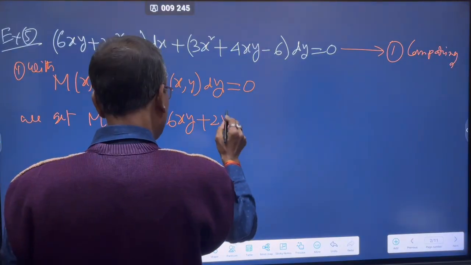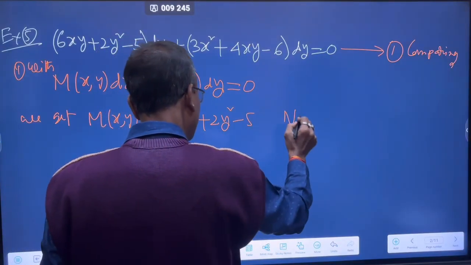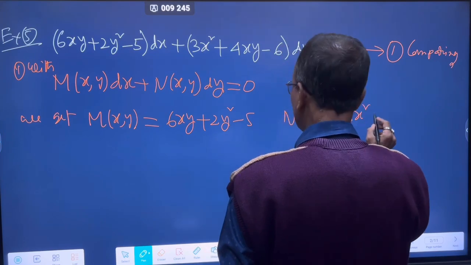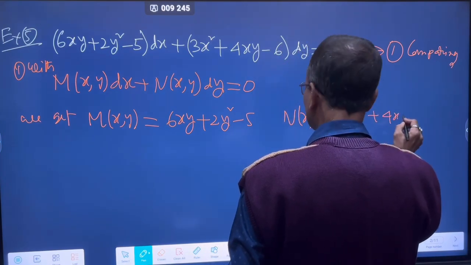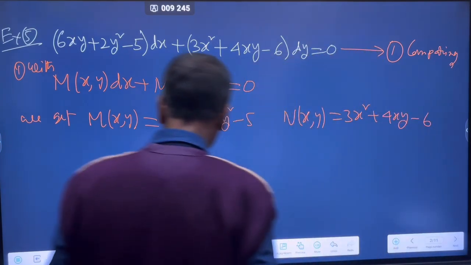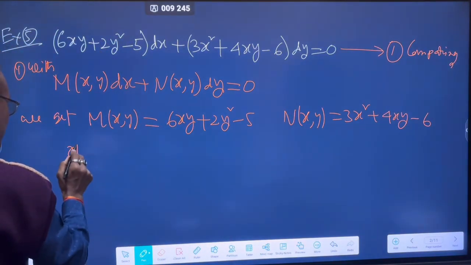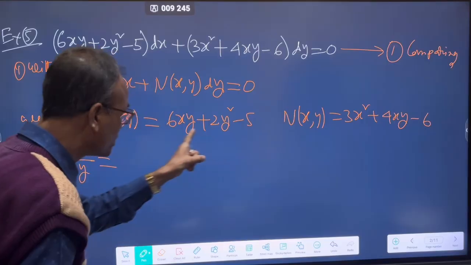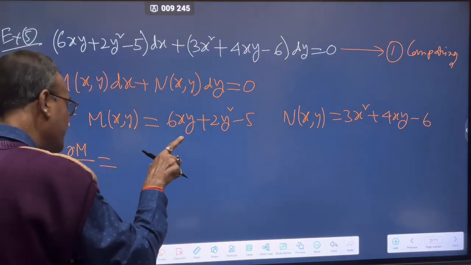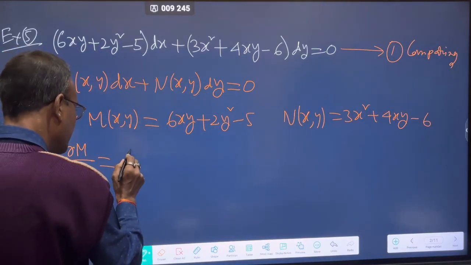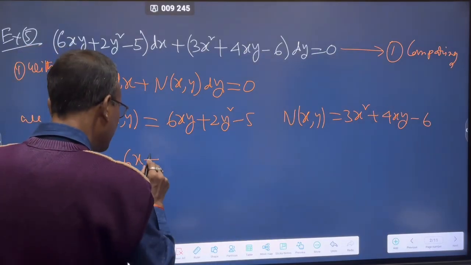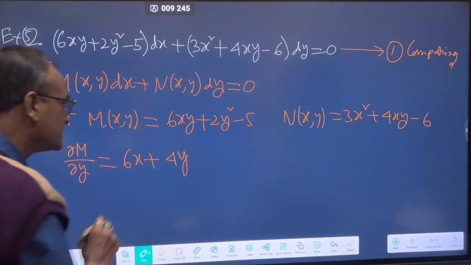plus 2y square minus 5, and N equal to 3x square plus 4xy minus 6. What is del M by del y? Differentiate with respect to y, treating x as constant. You will get 6x plus 4y.